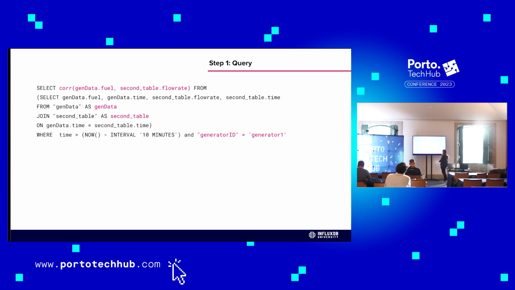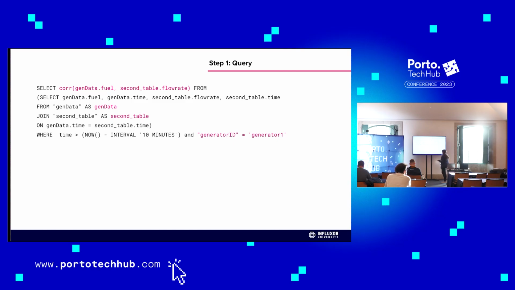So even if you waited 10 minutes, the fuel could go up instead of going down as would normally be expected. But what this allows us to do is join a second table, which we currently don't have, but maybe we had a second table with other generators. We would expect to be able to join those other generator tables on time.